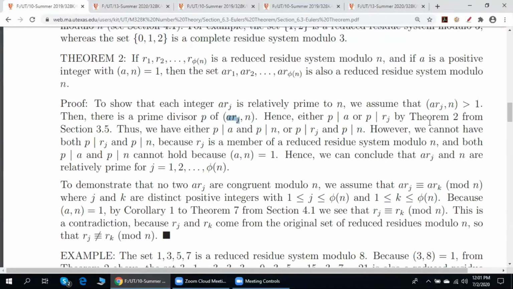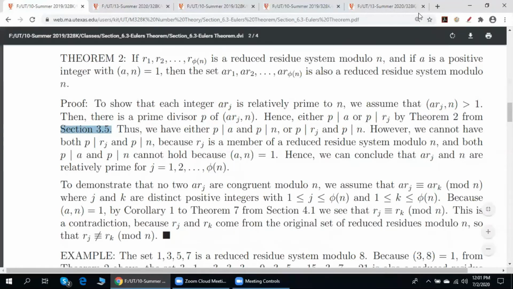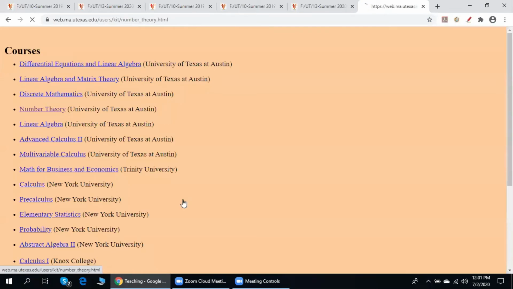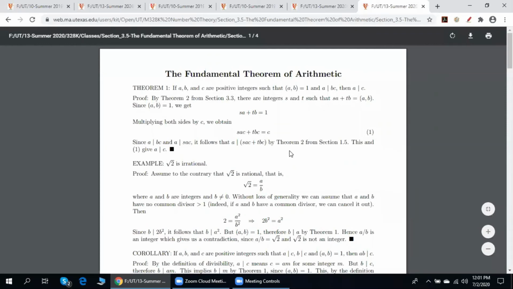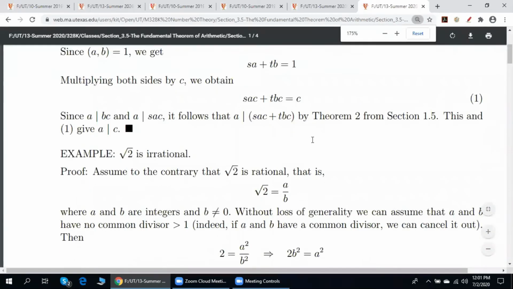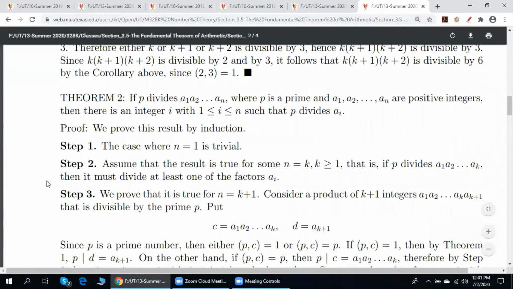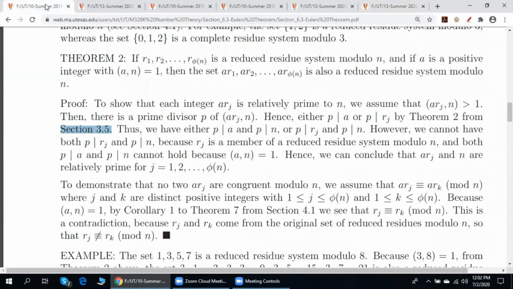Now let us use theorem 2 from section 3.5. It's over here. This one. If p divides the product, where p is a prime number, p divides one of these factors.